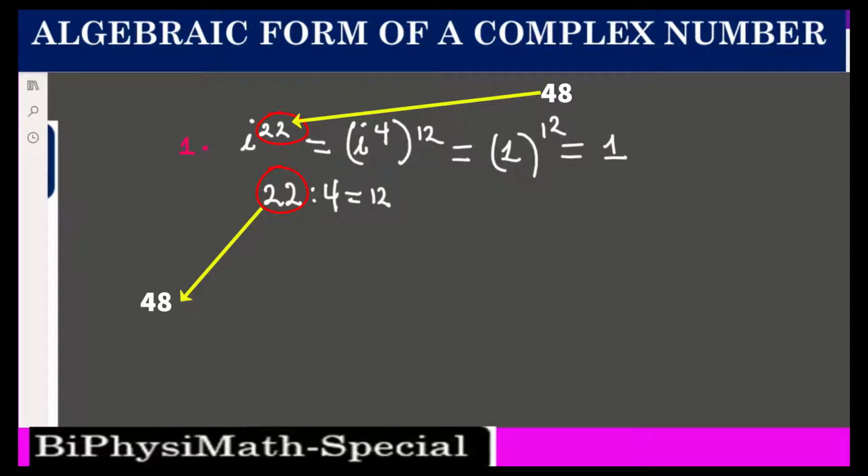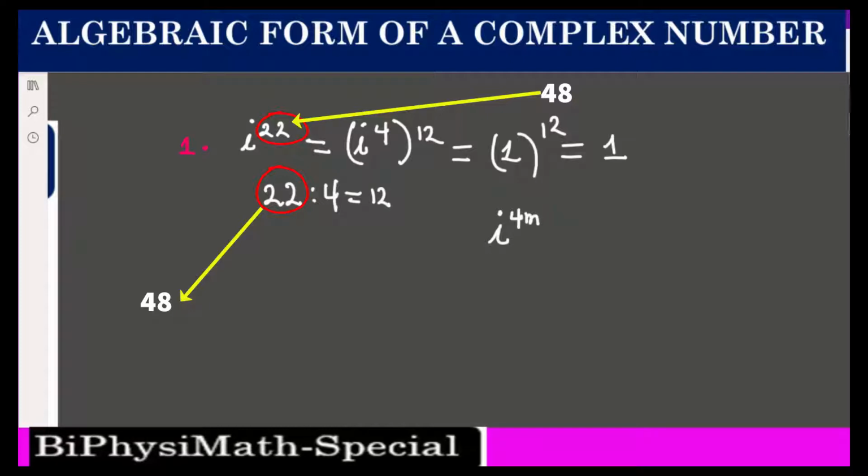The general idea here is that i to the power of 4 times m, a multiple of 4, gives 1.